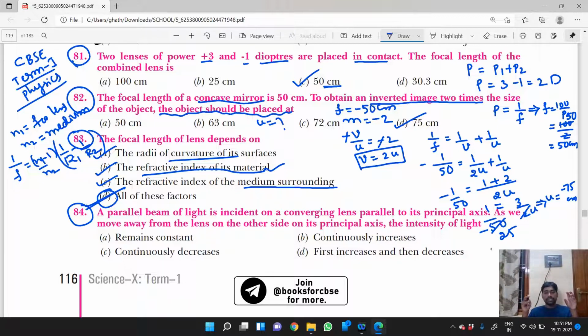They are asking about the intensity of the image here.